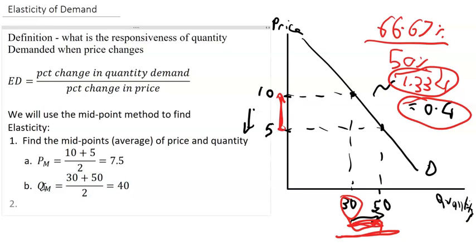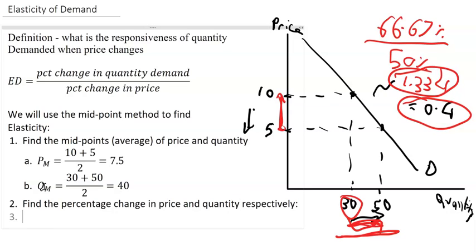The second step is to find the percentage change in price and quantity respectively. So the percentage change of price equals the change in price divided by the midpoint, which we just calculated, 7.5, times 100, which comes out to be 66.67.